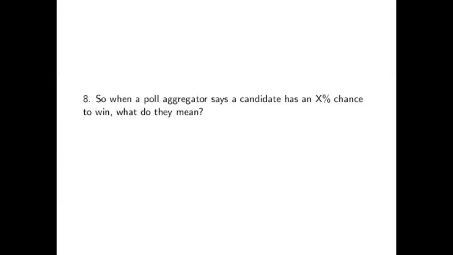So when a pollster or a poll aggregator says that a candidate has an X% chance to win, what do they actually mean? Again, this is confusing because the actual chance of winning isn't really a chance at all. Either they will or they won't. It's the sampling that's the probabilistic thing. So maybe another analogy is in order here. Instead of candidates winning elections, think of rainy days.